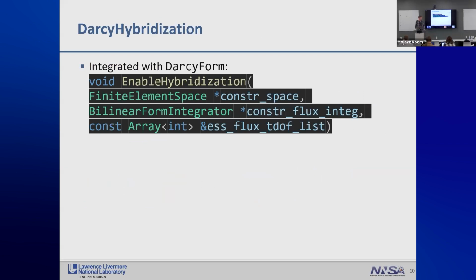So how is it implemented? We have another class for this Darcy hybridization, which is integrated with the Darcy form. So in the end, all you need to do is call this method enable hybridization, where you specify the constraint space and the constraint integrator for the fluxes, and eventually also the essential degrees of freedom if you work with continuous elements.